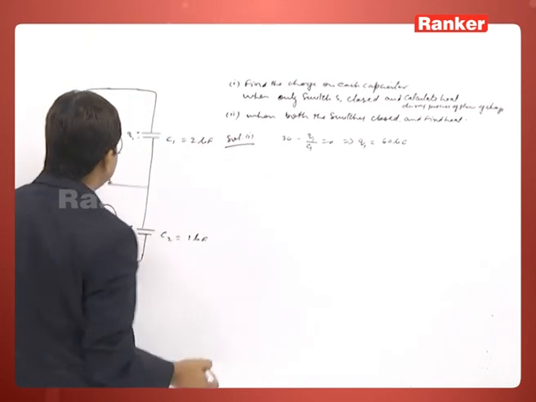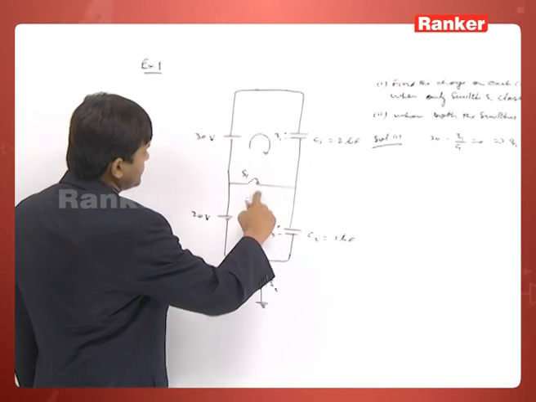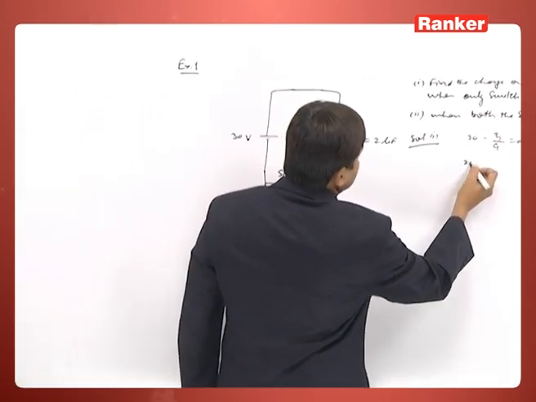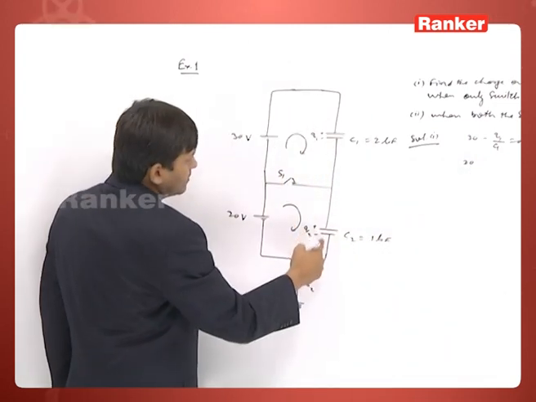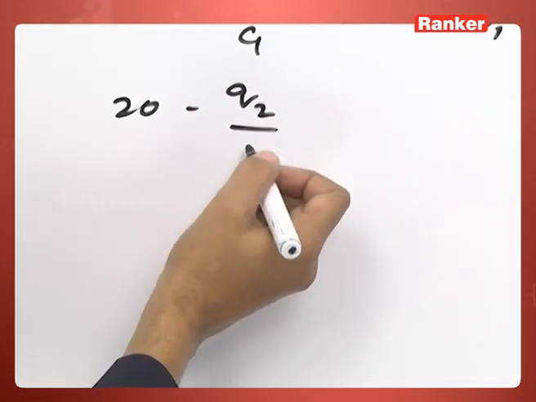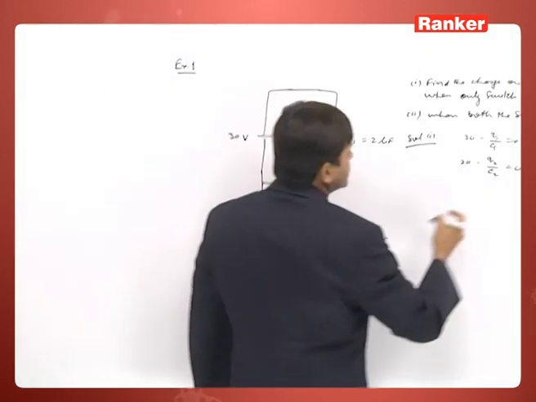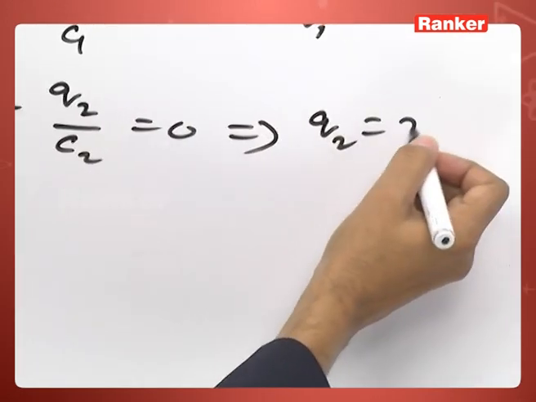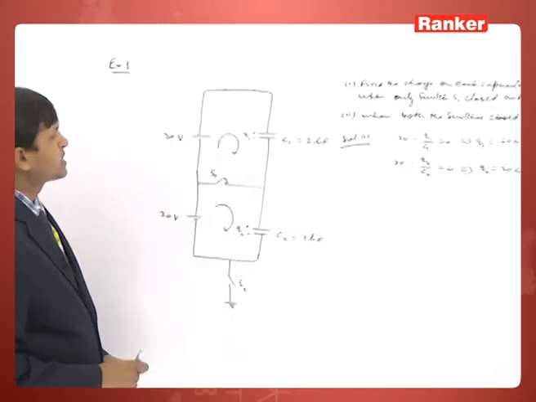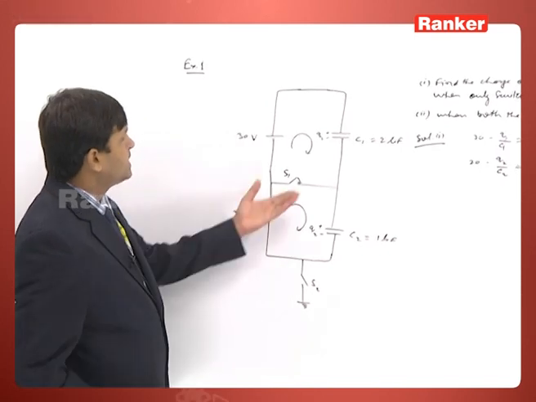Similarly, applying Kirchhoff's second law in this loop, plus 20, then minus Q2 by C2 is 0, C2 here is 1, so Q2 will be 20 microcoulomb. So this is the charge on both the capacitors. So easily we can get it now.